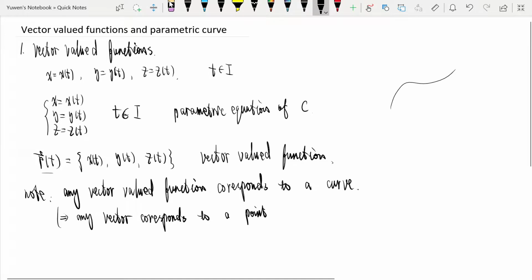That's similar to this result, because the tip of the vector function is actually a space curve, and this curve is a parametric curve with parameter t.